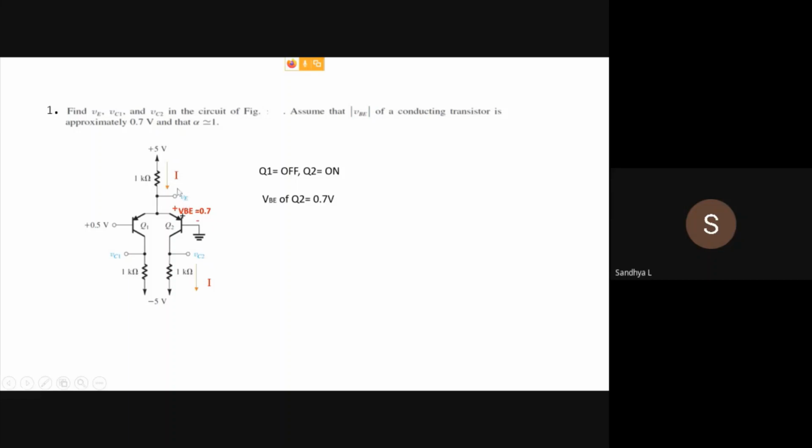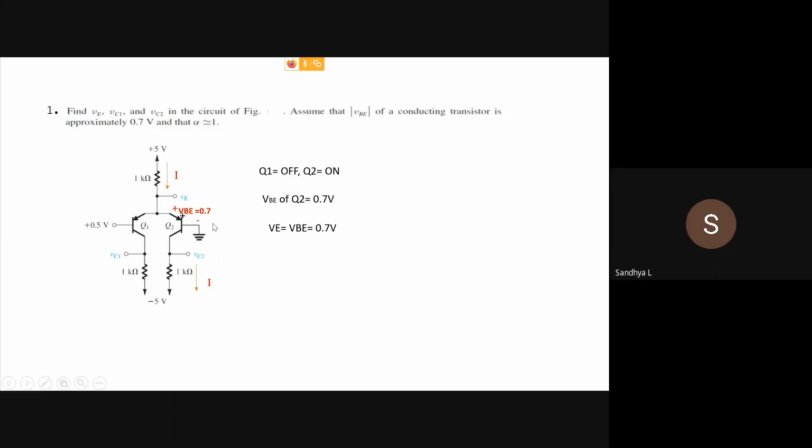So we have to find out VE. What is VE? VE is the voltage at the emitter with respect to ground. Where is ground? Ground is at the base. So VE is actually minus VBE. VBE is this, and VE is this, just the opposite direction.